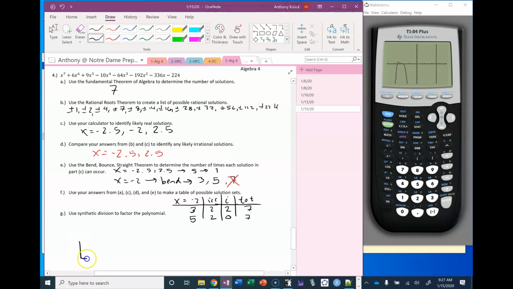Let's set up our synthetic division. I know negative 2 is what I'm going to use because it's the only rational.